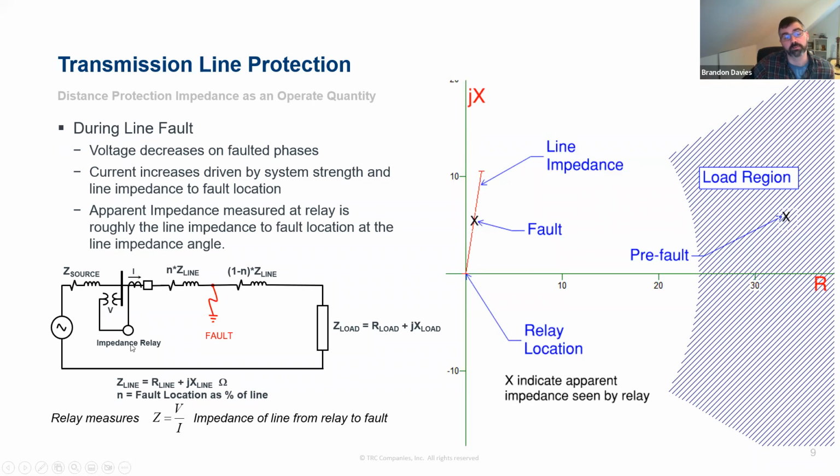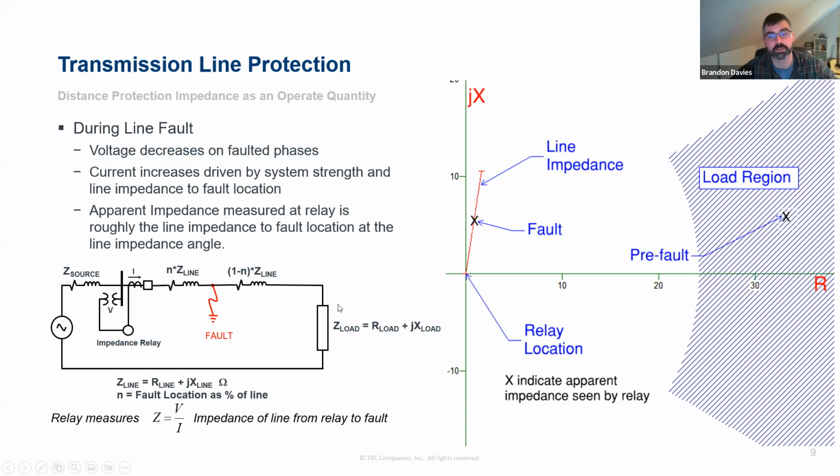So now the impedance relay, instead of measuring the line impedance to the fault location, has currents and voltages driven by the line impedance and that fault impedance. Generally what you'll end up seeing in that case, if you do a simulation and include a fault resistance or fault impedance, is that the measured impedance is going to drift in the resistive direction, away from the line impedance.